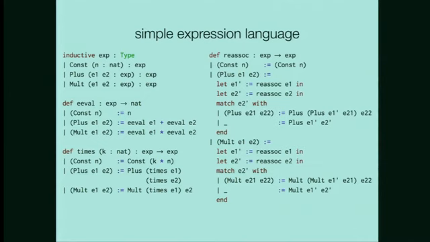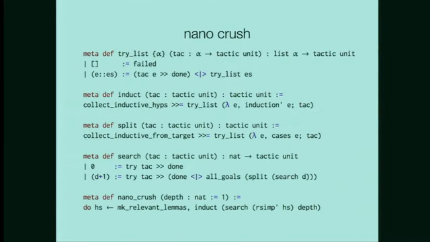The message I want to send with this example is that users can write their own search procedure. Here is a very, very tiny one, we call it nano crush because Adam Chlipala has a tactic called crush. This nano crush is implementing a tactic called make relevant lemmas that collects from your environment lemmas that are probably relevant for proving your goal.